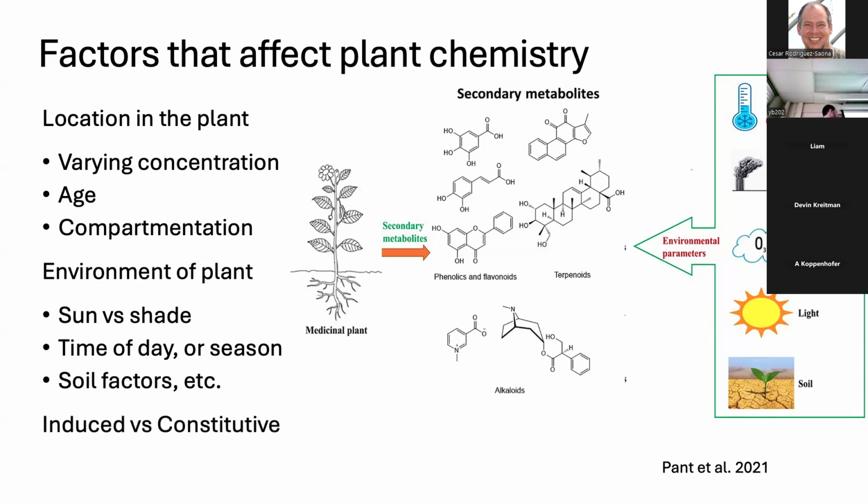So within a plant, you could have induced compounds, you could have constitutive compounds. We're going to talk more about it in a different lecture, but essentially what that means is if a plant has a lot of tannins, for instance, it's just going to have tannins all year long. That's constitutive. It's always there. It's not induced.